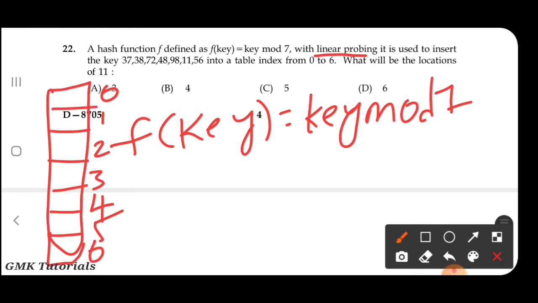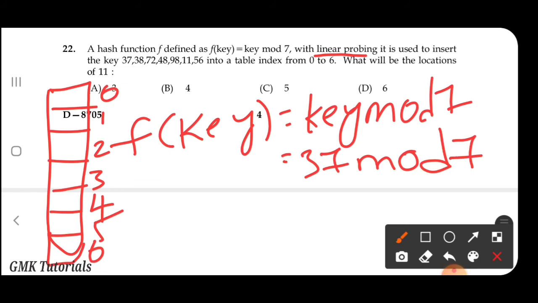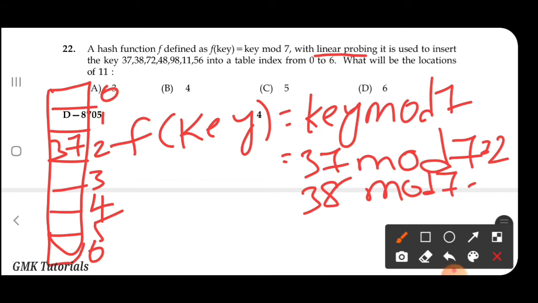Here the first key is 37 mod 7. The location points to the second one, so 37 will be stored there. Next one, 38. 38 mod 7 result is 3, so it is stored in location 3.